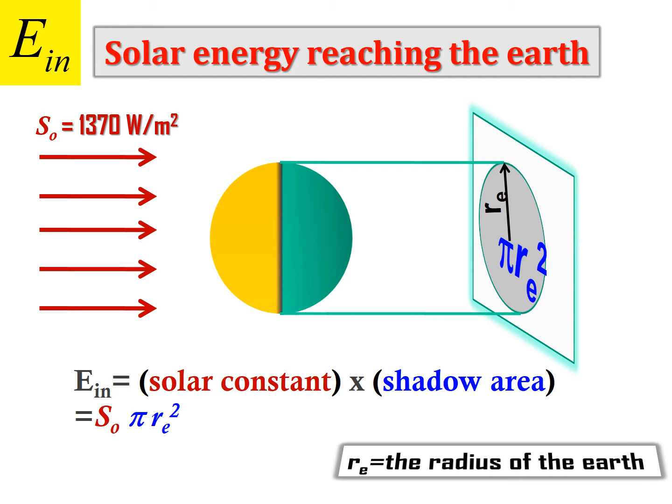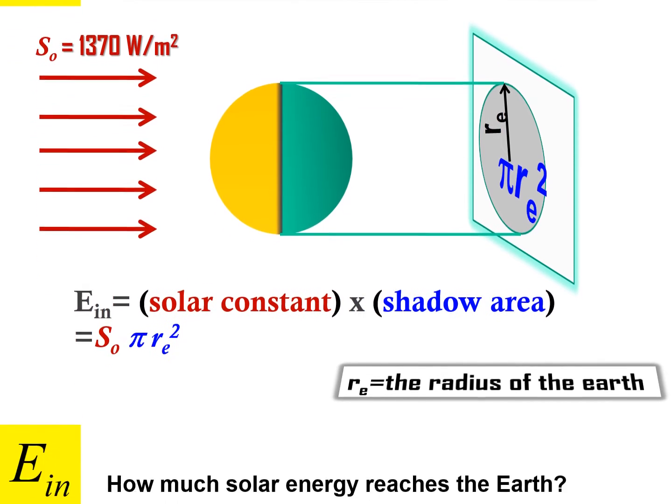That is the total solar energy received by the Earth: pi r squared, where r is the radius of Earth. We know the radius of Earth, so we can make the calculation.